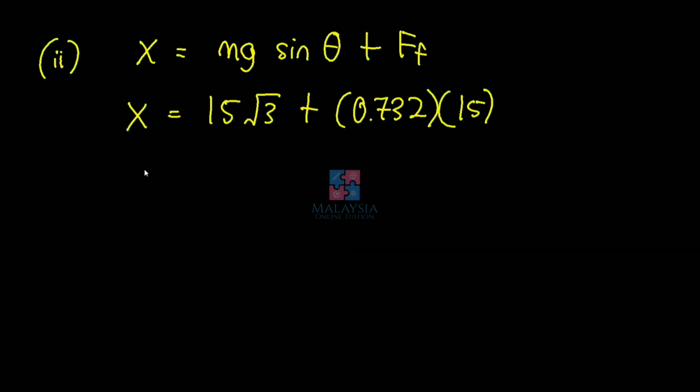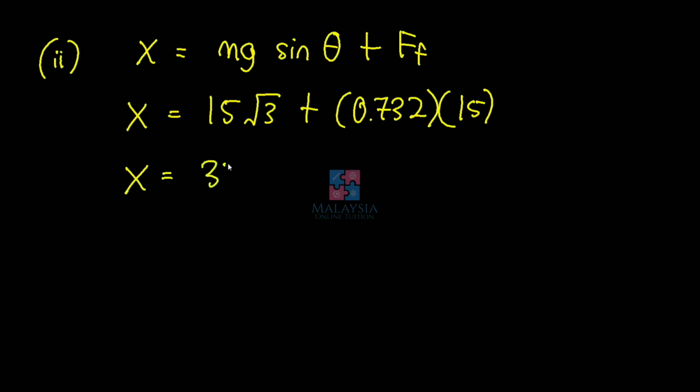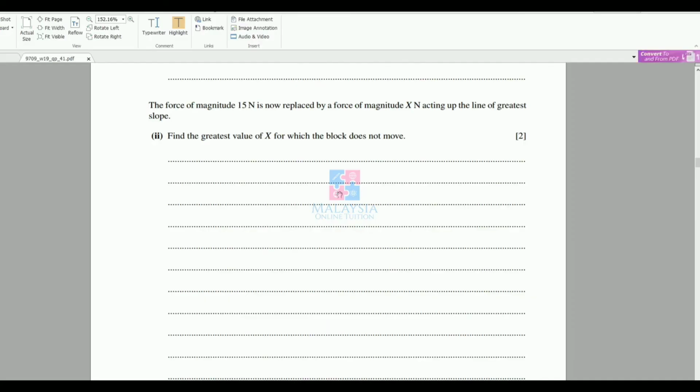So finally our value of x will be equal to 0.732 times 15 plus 15 sec 3, and that will be equal to 36.96, or in three significant figures, 37.0 Newton. And this is a 2 marks question, so that's why the working solution is very short. And this will be the final answer for question number 3, part 2.